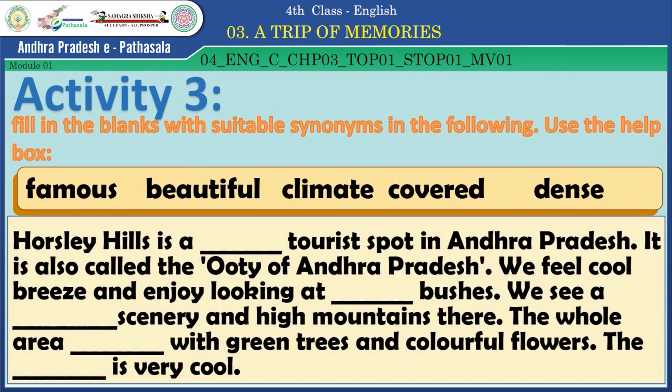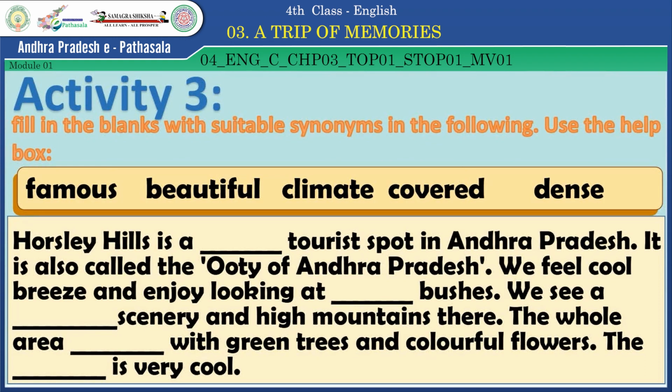Look at another activity. Fill in the blanks with suitable synonyms in the following. Use the help box. Famous, beautiful, climate, covered, dense. Now the paragraph is, Horsley Hills is a dash tourist spot in Andhra Pradesh.